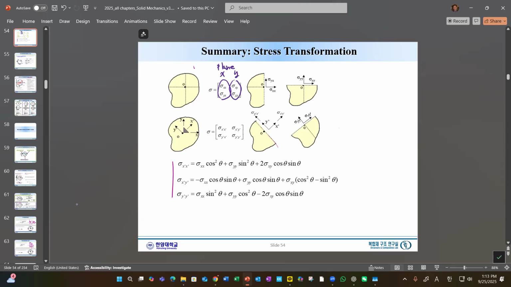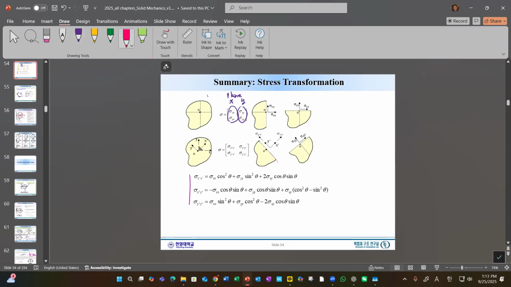This one is the x directional force, and this is the y directional force. I cannot say force exactly because the distribution is not exactly a force, but for the purpose of easy understanding, I'll just call them forces. As you can see, this is the x directional force, and this is also the x directional force.